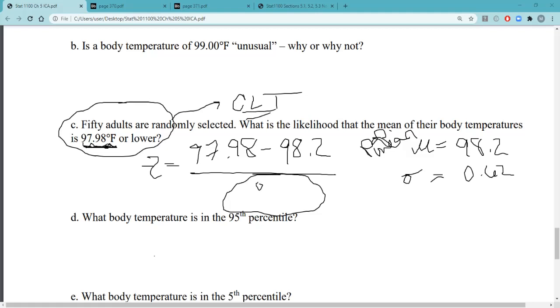So I do want to use sigma down here. I have 0.62, but I want to have it over the square root of n, where n is how many people are in our sample.